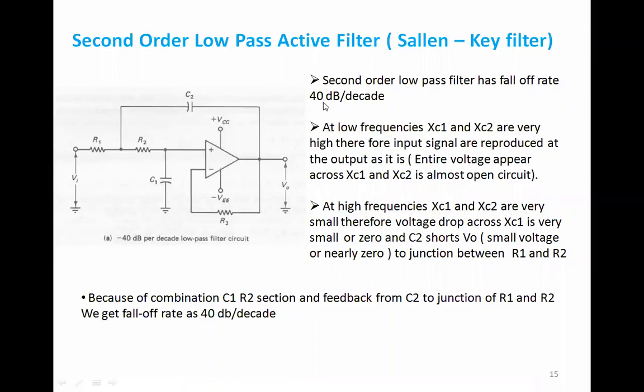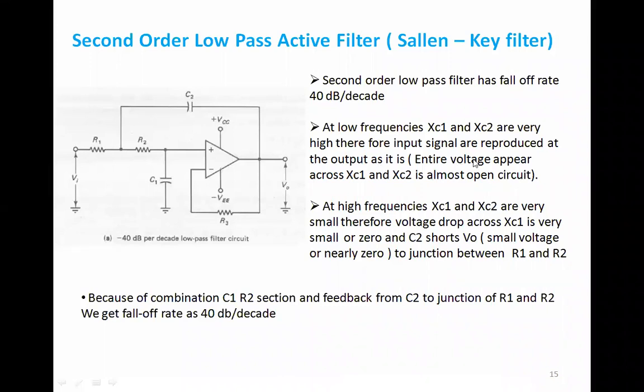So the fall off rate, as we all know, is about 40 dB, and at low frequencies, XC1 and XC2 are very high. Frequencies and capacitive reactances are inversely proportional, either for low pass filter or high pass filter. The input signal is reproduced at output.